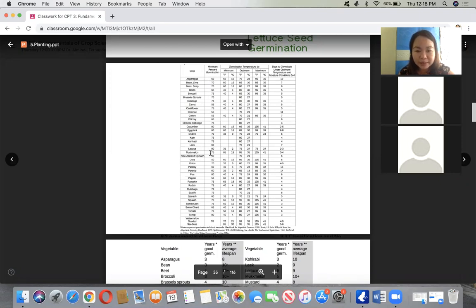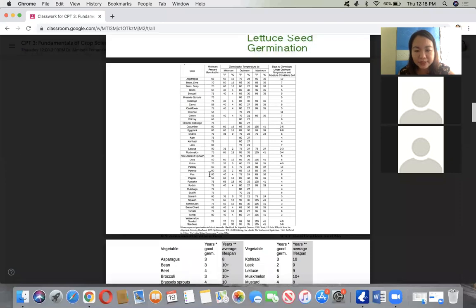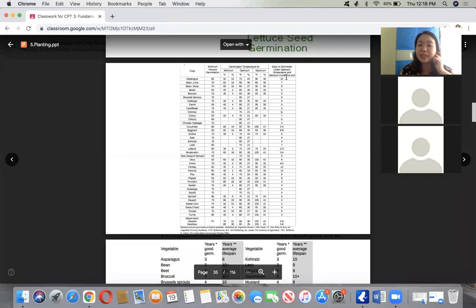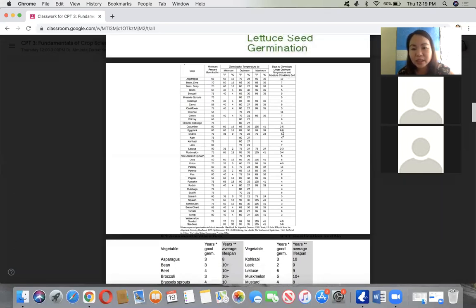The highest here is 80% for some crops like peas and turnips, and the rest go down to 40%, like spinach. Their days of germination go up to 10 days. The fastest on this list is 3 days, like sweet corn and turnip.